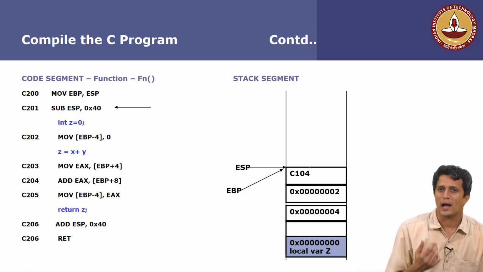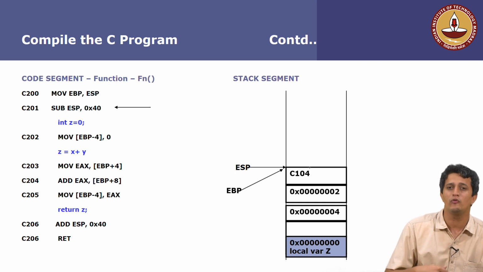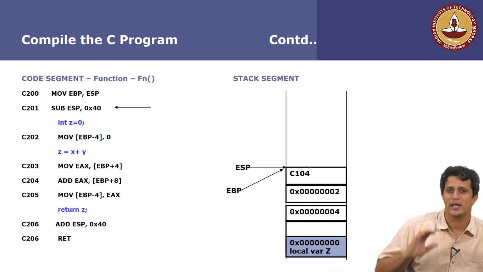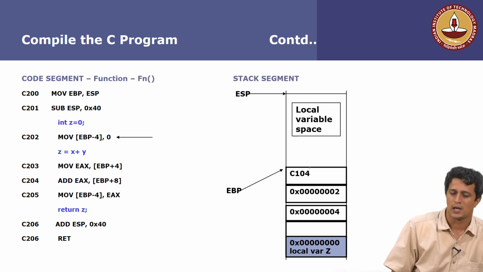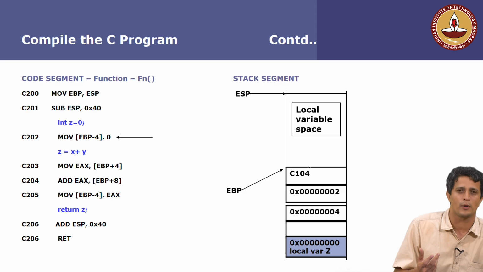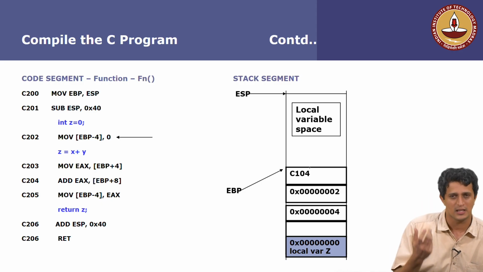So in order to allocate local variable space, I first need to move my stack pointer far away so that there is no clash with my local variables that are being allocated here. Now how does the compiler know that 0x40, that is 64 bytes, is enough? Well, it knows because the compiler knows exactly how many local variables there are in the function.